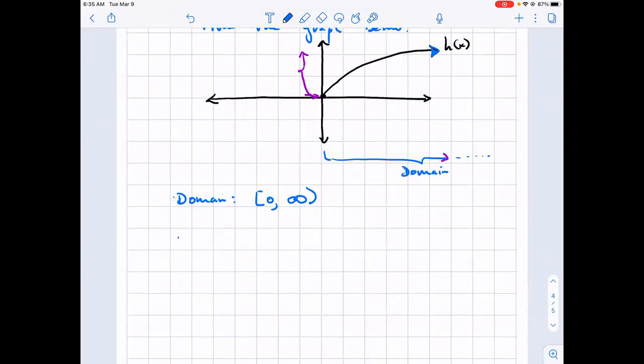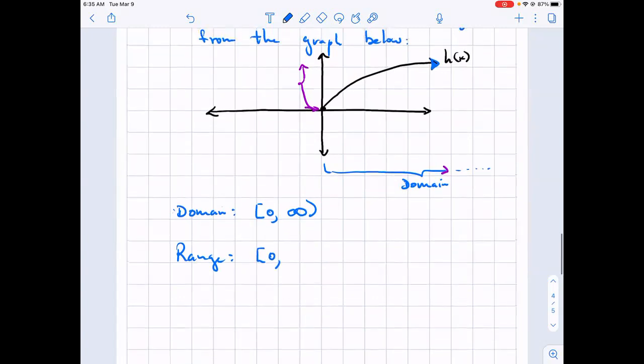On the other hand, the range, once again, if you take 0 and you plug it into that function, well, that's a solid dot anyway. You will get 0. And also, as this graph goes out this way, it's also traveling up. So this is also infinity.